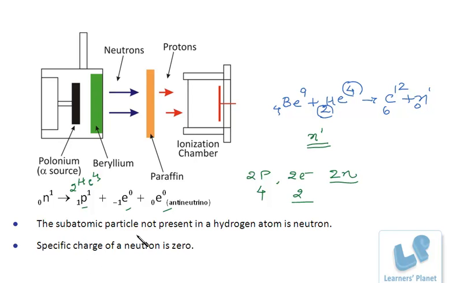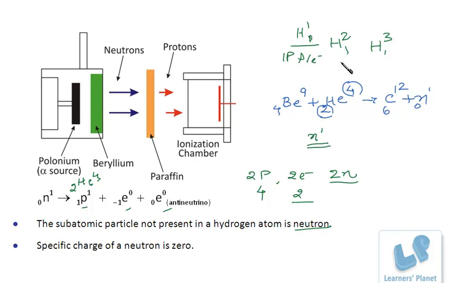Now, this subatomic particle, the neutron, is not present in the hydrogen atom. Hydrogen is represented by H-1 with atomic number 1. Deuterium is represented by H-2 with atomic number 1. Tritium is represented by H-3 with atomic number 1. In hydrogen, that is protium, there is 1 proton and 1 electron, so we can say the atomic number is 1 and the mass is 1.